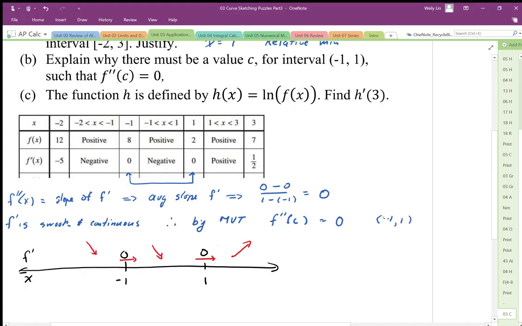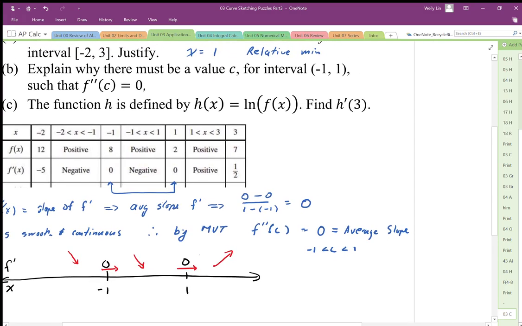So c must be, in fact, I'm going to write it in here. This is the average, and c must be in that interval. This is the mean value theorem.